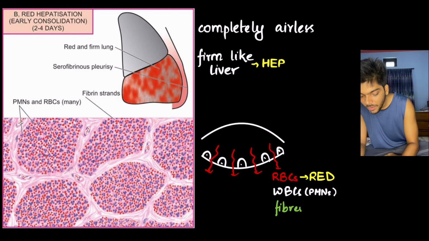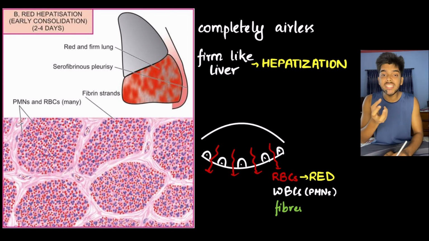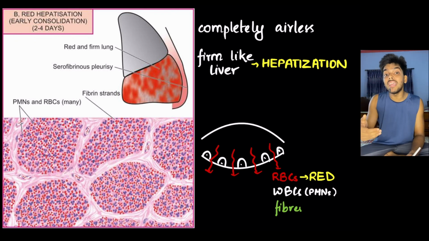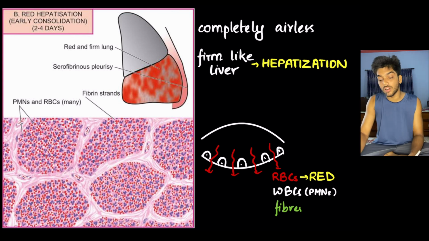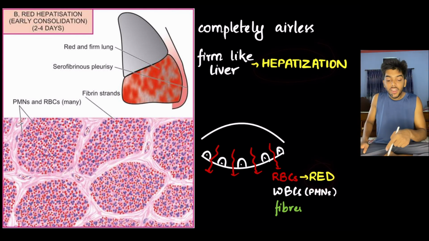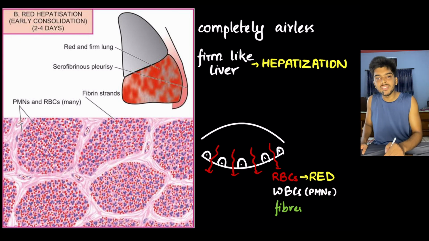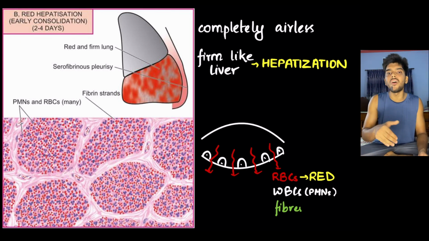First the lung was like a sponge, but now as the air spaces are filled with cells, it has become firm like liver. The process is called hepatization, becoming like liver. So this step is called red hepatization. Red due to red blood cells, hepatization due to conversion of the spongy lung into a firm lung.